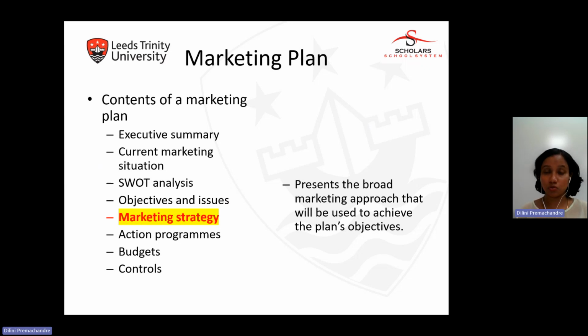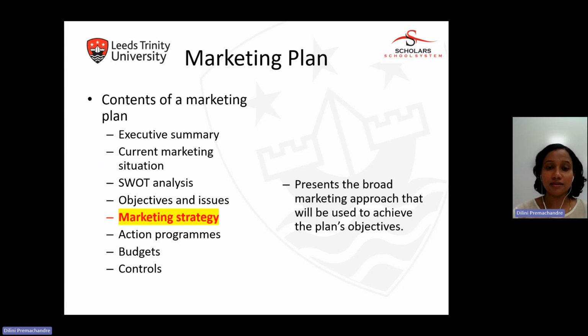It can be through social media, or maybe TV advertisements, billboards. So you need to decide how you're going to communicate about your business to your target market. These are the 4 Ps which are going to be included under your marketing strategy: product, price, place, promotion.